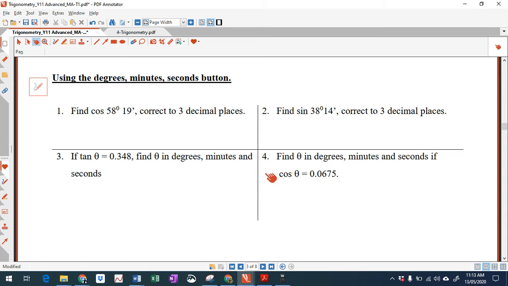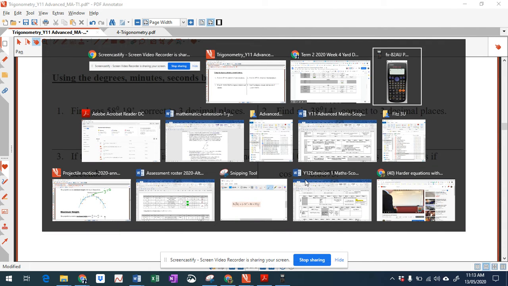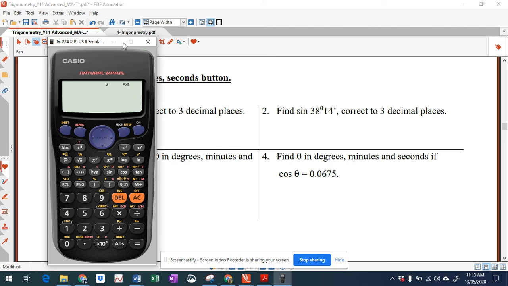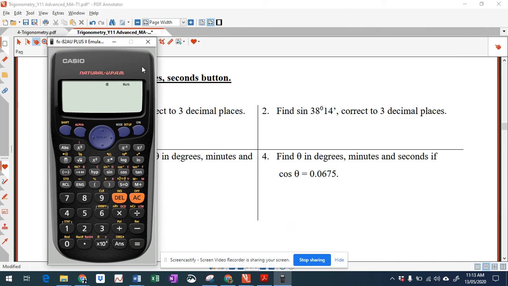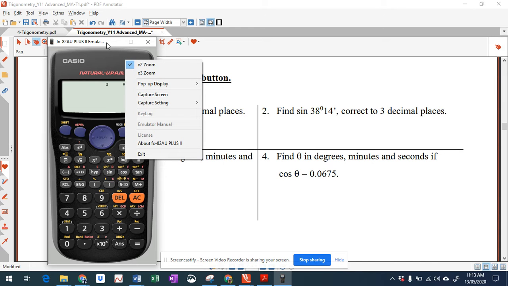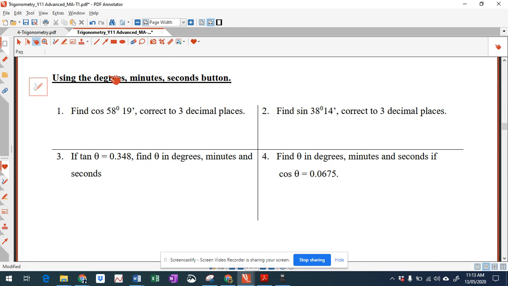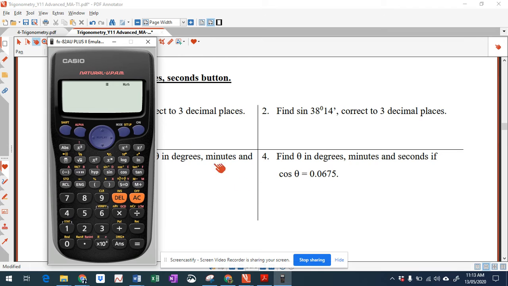Okay, so you'll need your calculator for this. So find cos of 58 degrees, 19 minutes. All right, so on your calculator, let's try and grab this.